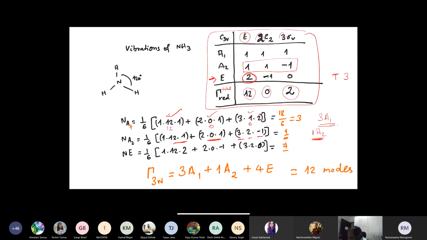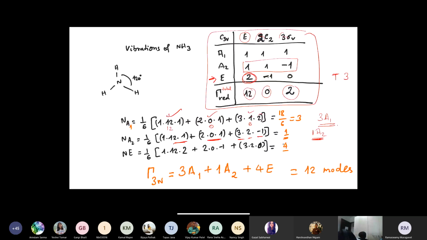So 12 into 2, 0 into minus 1, 2 into 0. So this becomes 0, this becomes 0, this becomes 24. 24 by 6 is 4. So 4 times E occurs.